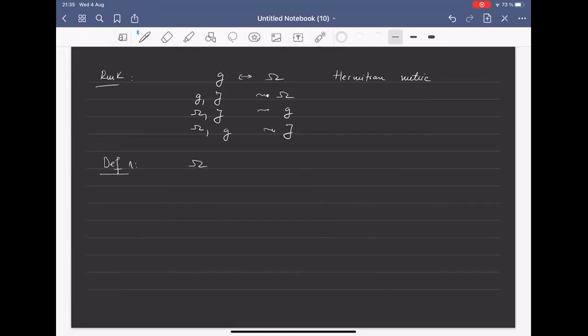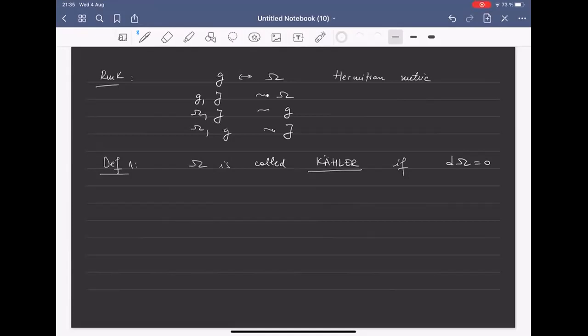So omega is called Kähler if it is closed. So if d omega equals 0, d here stands for the usual differentiation operator.